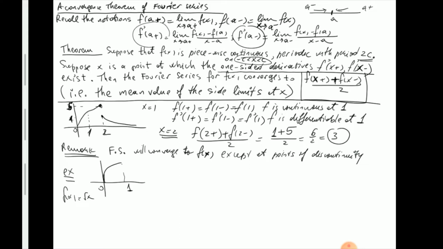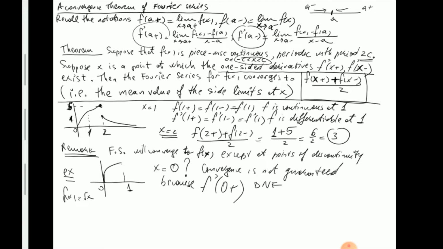Now, if you write the Fourier series, the convergence at 0 is not guaranteed, because the sided derivatives, so for example, if I look at f prime of 0 plus, does not exist.